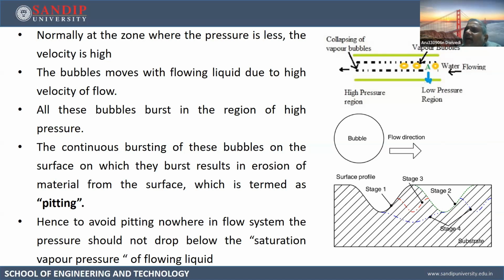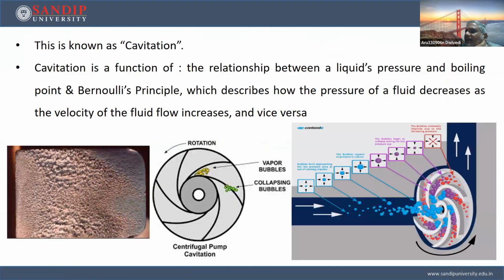In the zone where the pressure is more, all these bubbles burst. So millions of bubbles are formed where the pressure is less, and they burst where the pressure is more. You can see this good diagram to understand that. Where the pressure is less, bubbles are formed, and where the pressure is more, bubbles burst. And where the bubbles burst, the pitting takes place. This phenomenon is known as cavitation.